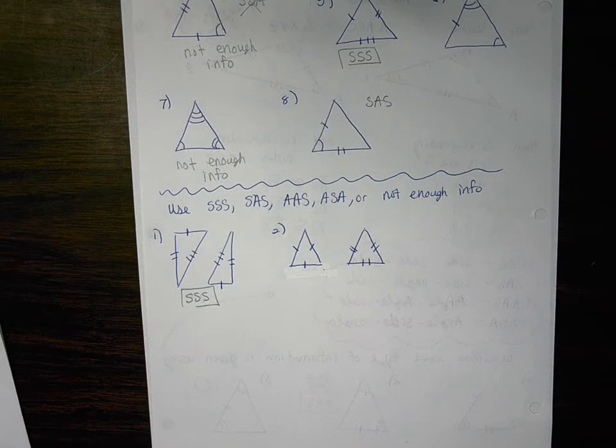What do you think the most common wrong answer is for this one? Side, side, side. Does it look like side, side, side? Did anybody think it was side, side, side when you first saw it? Can anybody explain why it's not side, side, side?